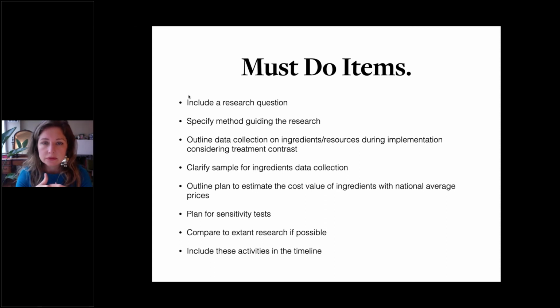Clarify the sample. Okay, so you've got a sample that you're using to estimate effects. Are you going to estimate costs based on that whole sample? How will you ensure that your costs correspond to your effects? In that way, you often talk about implementation. You might say, we're going to conduct a survey of all teachers, and then we're going to do follow-up interviews with a portion of those teachers.